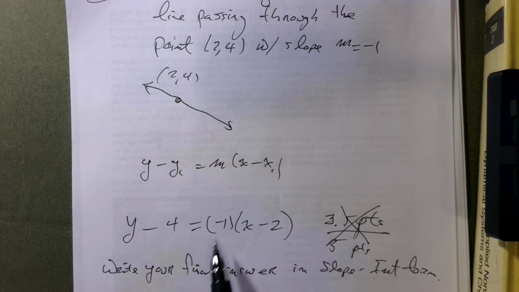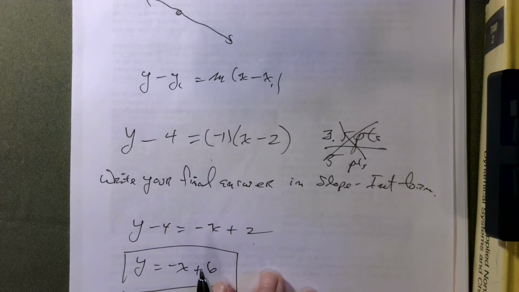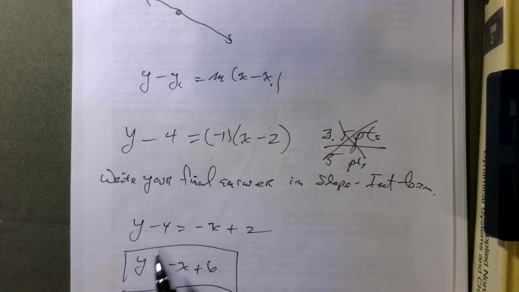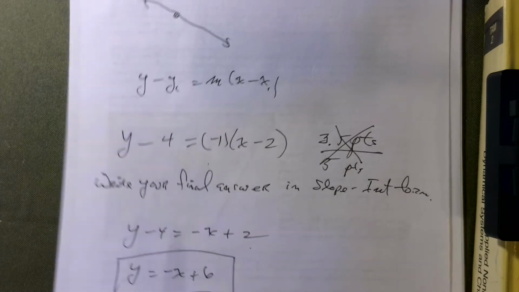So what I'm going to do is expand, multiplying everything by negative 1, so I get a negative x, and the negative 2 becomes a positive 2. Now I'm going to do the inverse of subtracting 4 by adding a 4 to both sides. So if I add a 4, this becomes a 6, so you have y equals negative x plus 6. Could you actually check this?